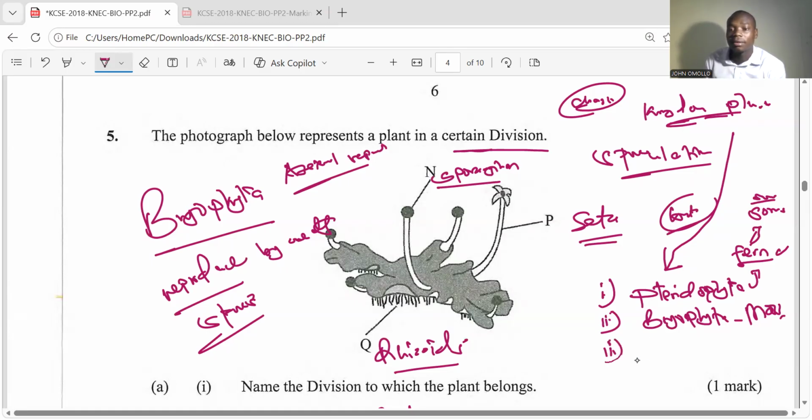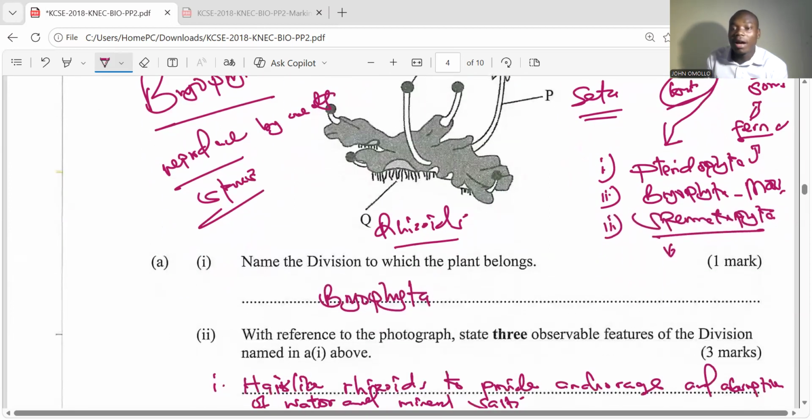The third one, spermatophyta. Spermatophyta is again divided into two: angiosperms and gymnosperms. Gymnosperms have naked seeds.